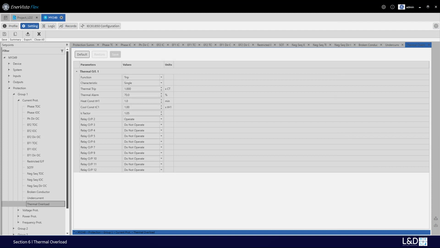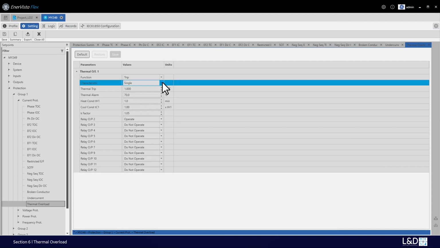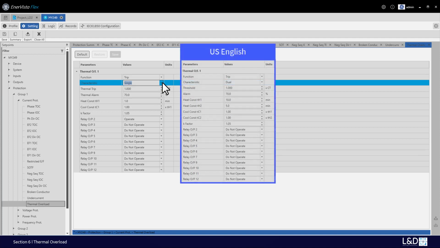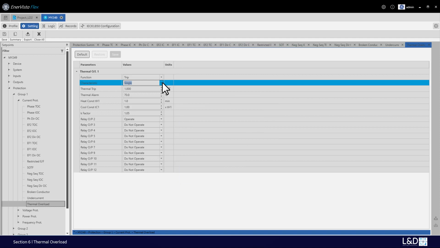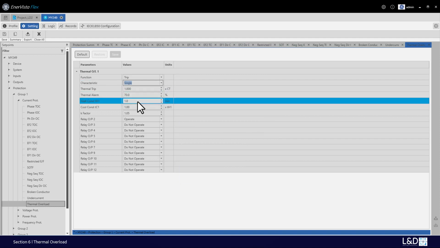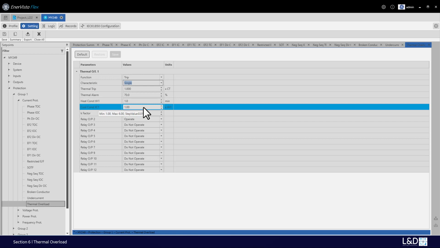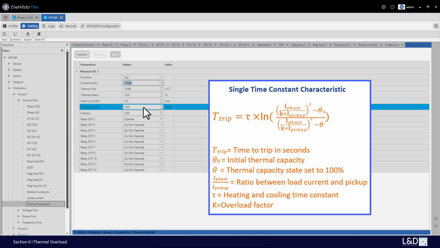In the thermal overload protection, there are 2 options under characteristic, single and dual. When the single time constant is chosen, the heating and the cooling time constants have only 1 setting for each. And the trip time can be calculated with the equation.